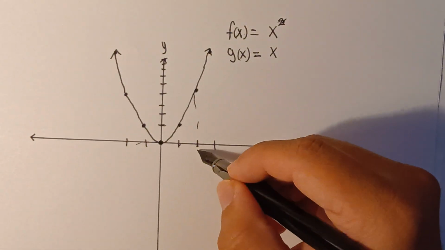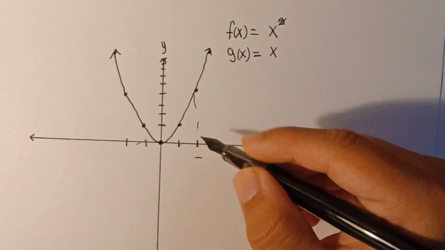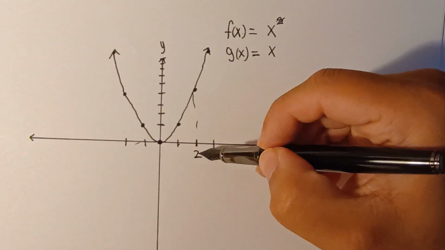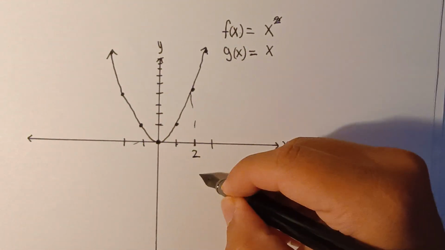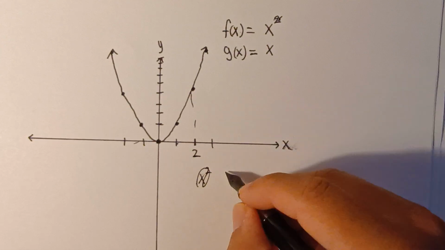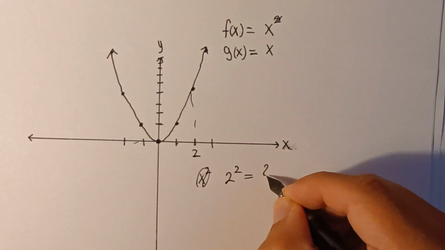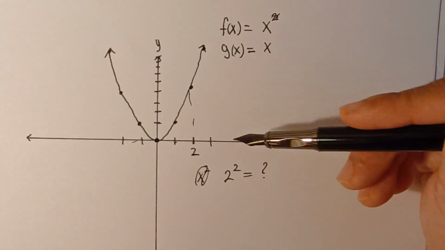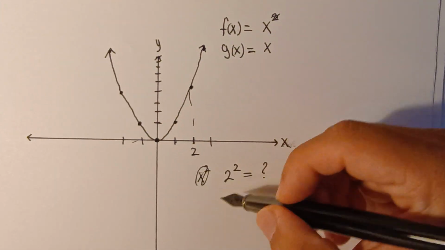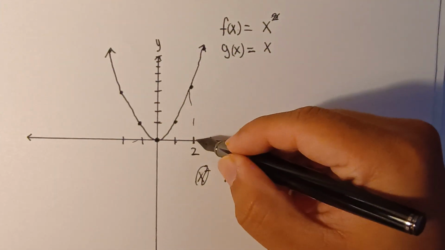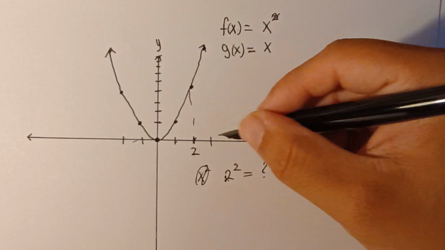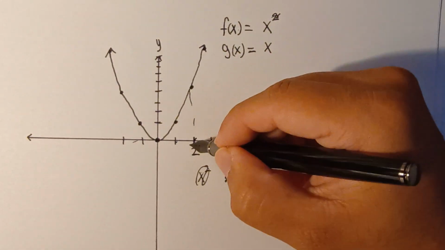So if I didn't know, I would just look at this. This is a 2, right? I want to know what 2 squared is. I don't know what it is. So we're just going to find the x value of 2, which is here. That's where we're plugging in for x. We're squaring it. We don't know what that is, so we're just going to look at the line.